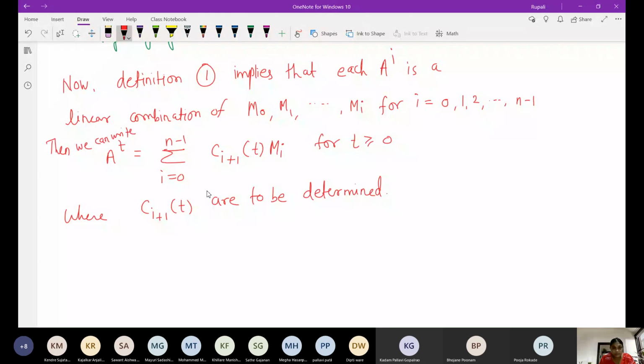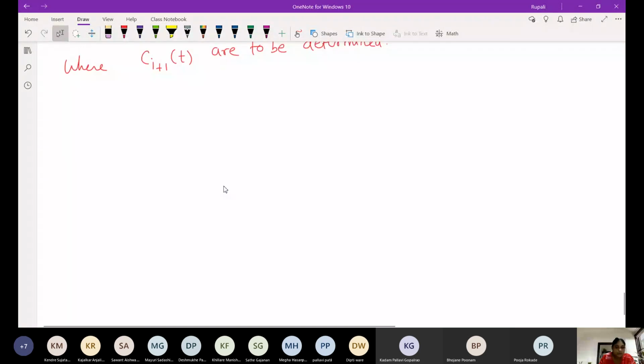Then we can write a raised to t is equal to this one, where Ci, our aim is to determine what Ci plus 1 of t is. Now we can write a raised to t plus 1 is equal to a into a raised to t.